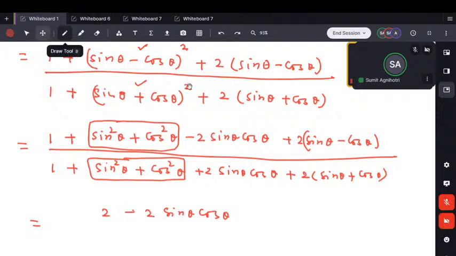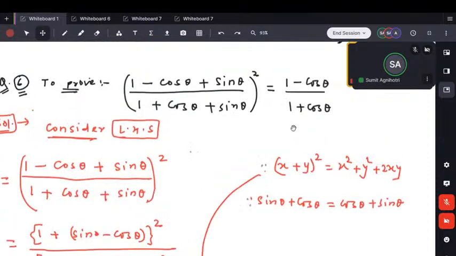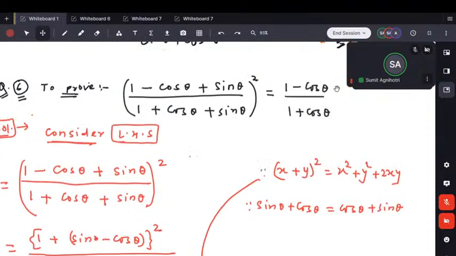What we want to get? We want to get 1 minus cos over 1 plus cos. We are supposed to obtain 1 minus cos over 1 plus cos by solving all these.